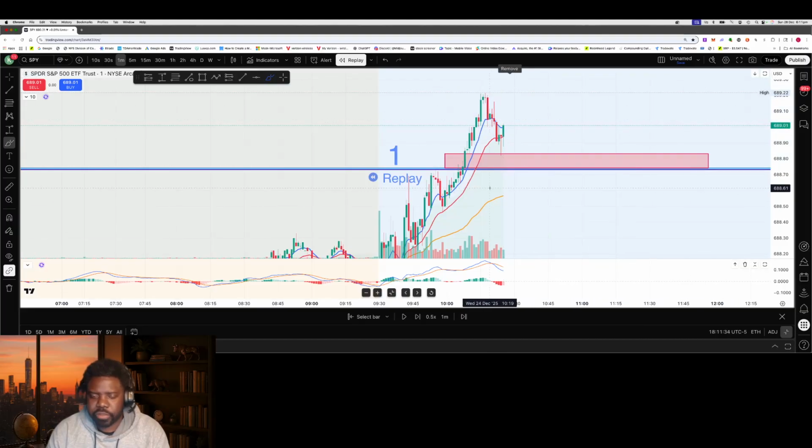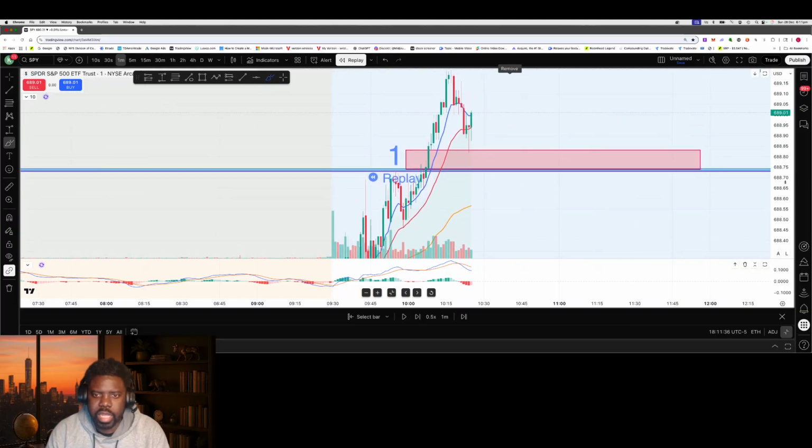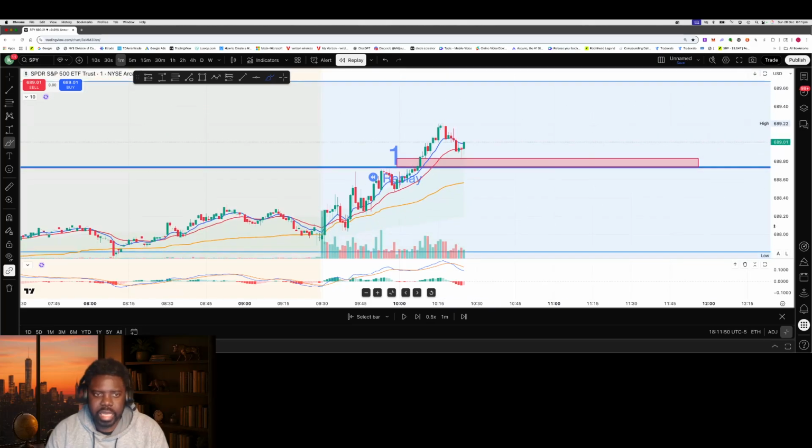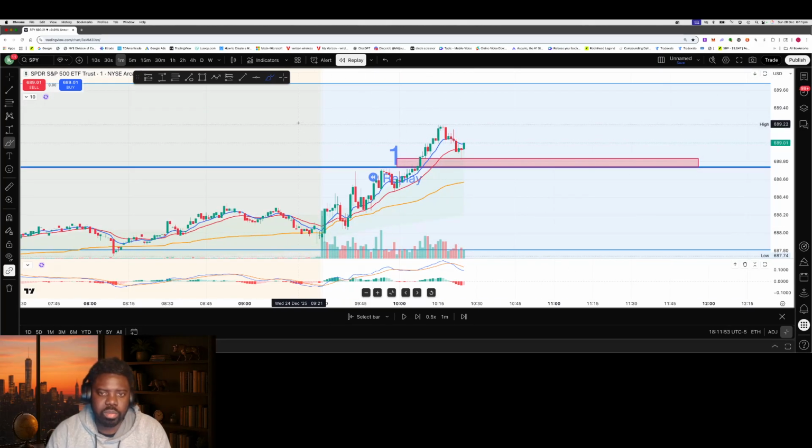And if I zoom in, one thing you'll also see is that we're closing right above the 21 EMA, but we are also closing right above the 9 EMA.